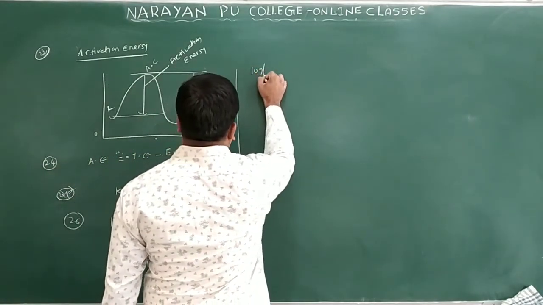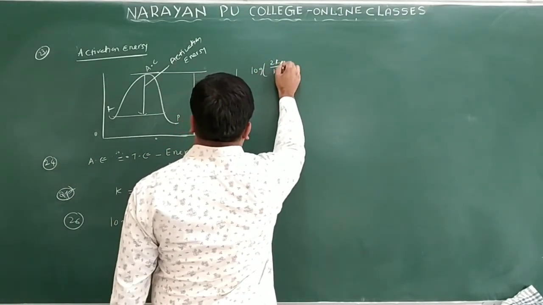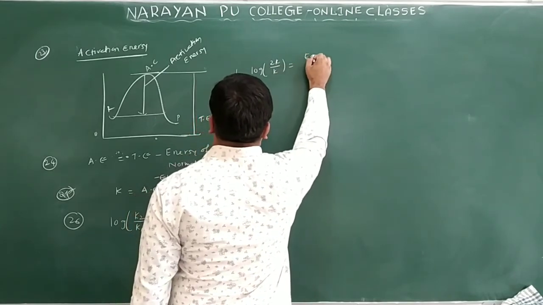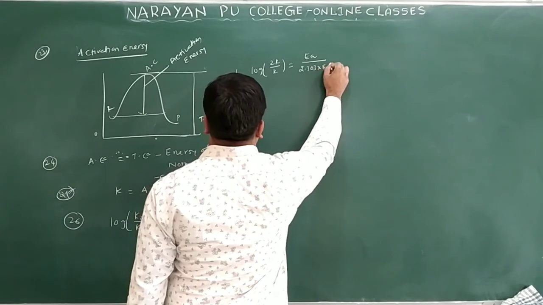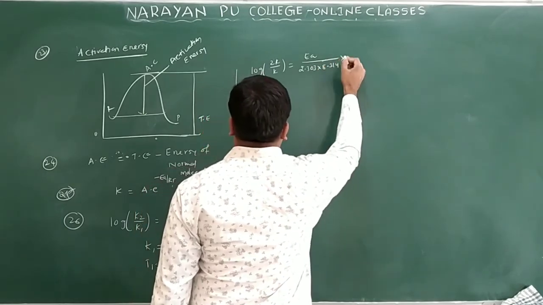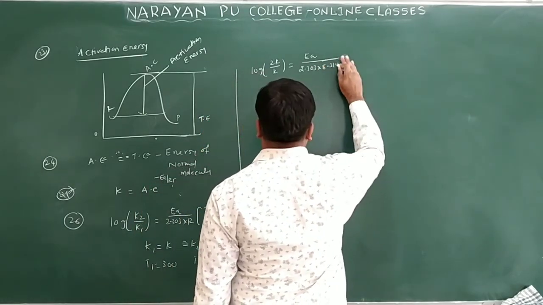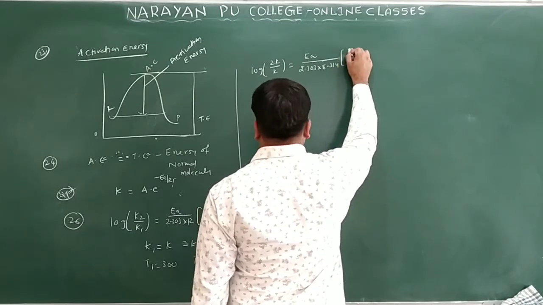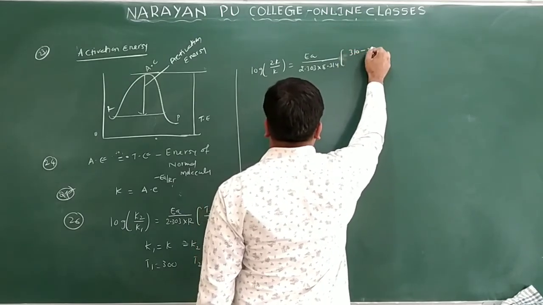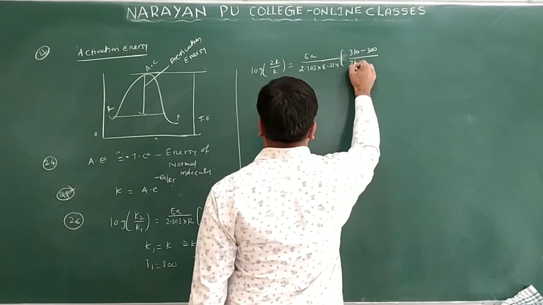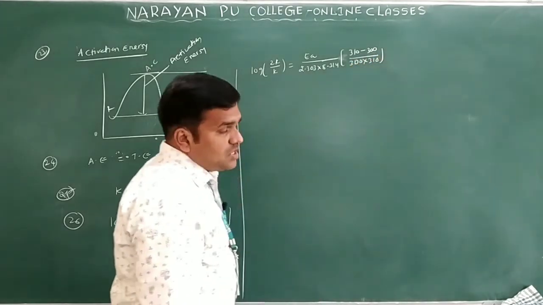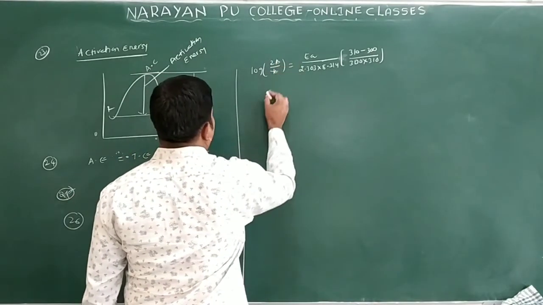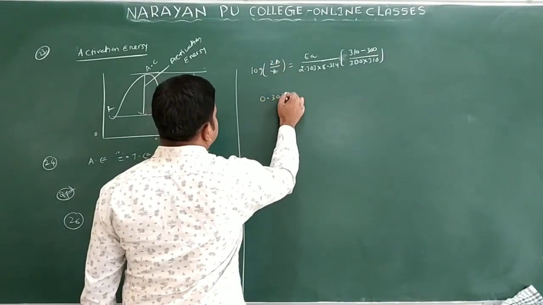Log of 2K by K is equal to Ea by 2.303 into 8.314 into, T2 minus T1 is 310 minus 300, by 300 into 310. K cancels, and log 2 is 0.3010.